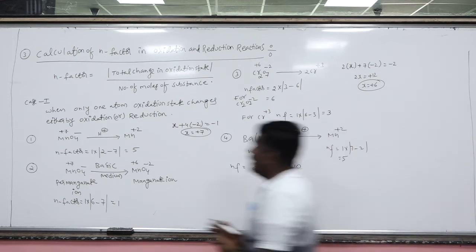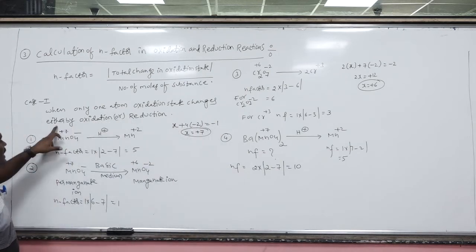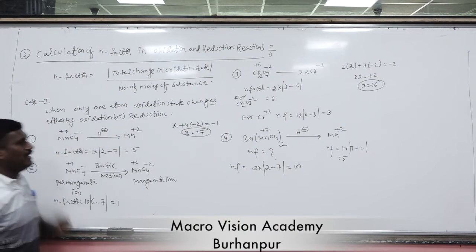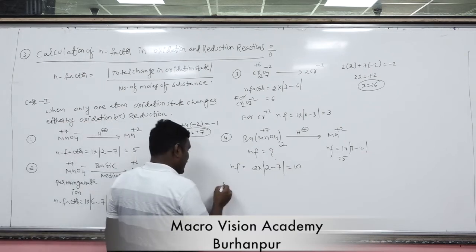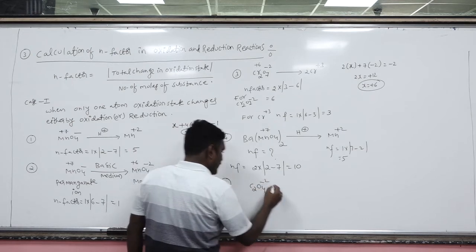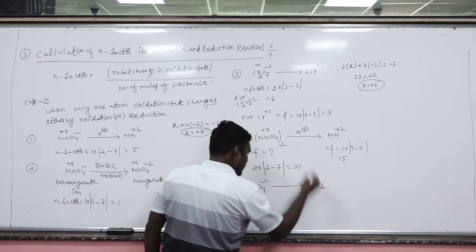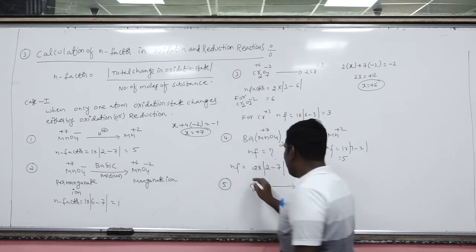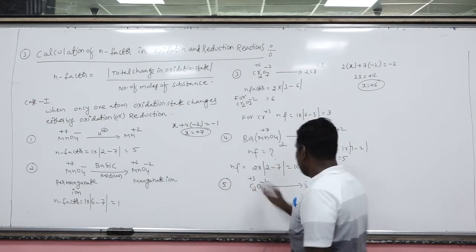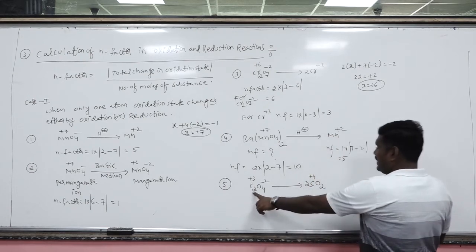So this is the calculation of N factor when only one atom undergoes oxidation or reduction. Let's suppose one more example. Oxalate is oxidized to carbon dioxide. Now here carbon oxidation number is +3, and here carbon oxidation number is +4. How is the carbon oxidation number +3?